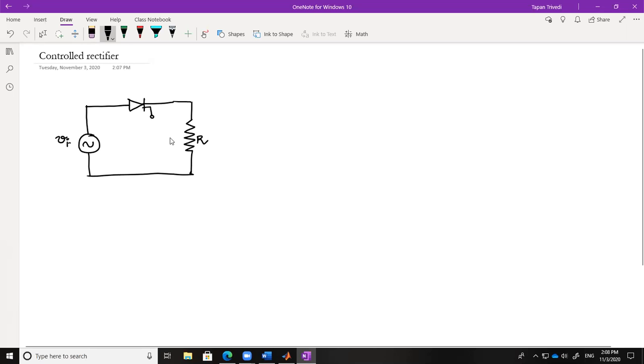Input voltage is V in. The voltage across the switch is VTH, we call it VTH, right? And then there will be current flowing through the circuit, that will be i of t, right?